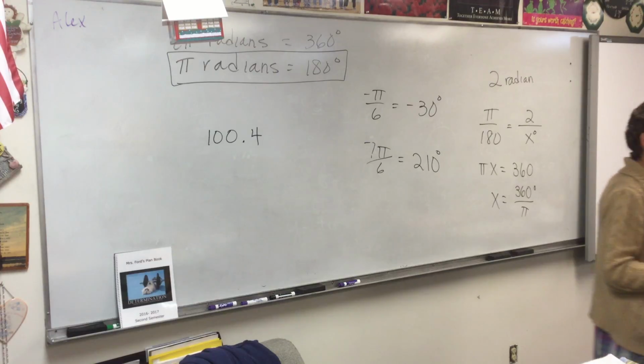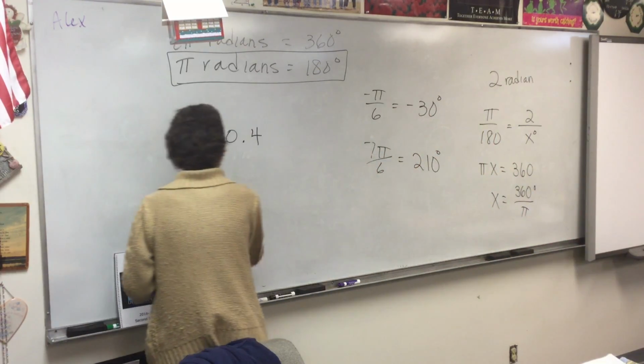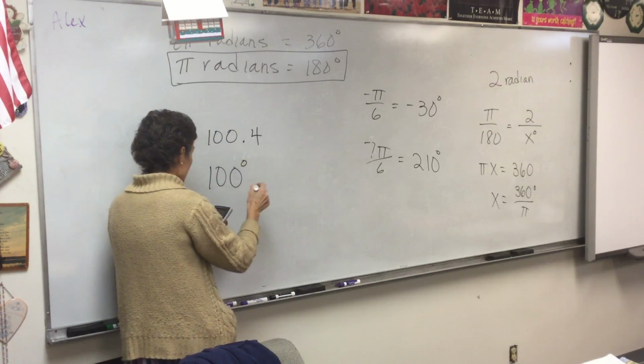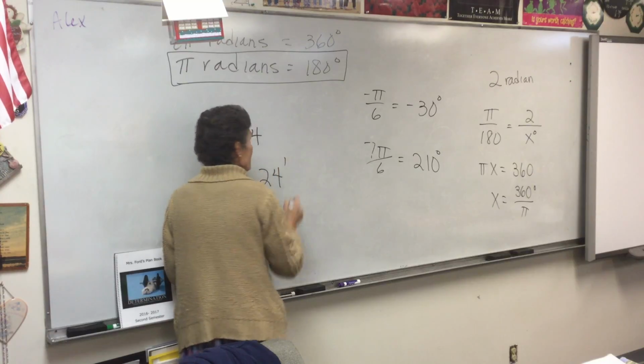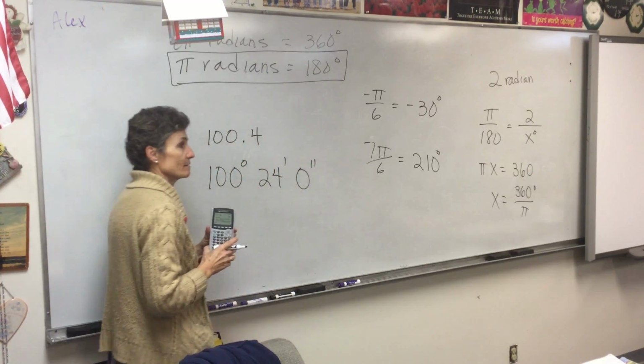Press enter 2 times, and it tells you you have 100 whole degrees, which you knew. You have 24 minutes and 0 seconds.